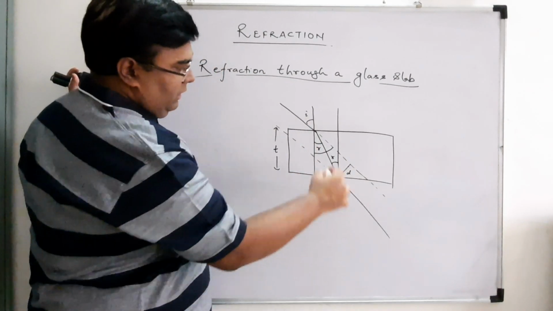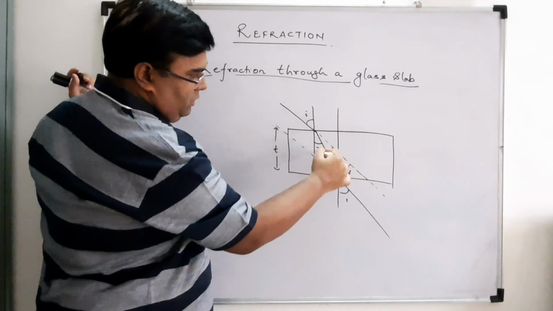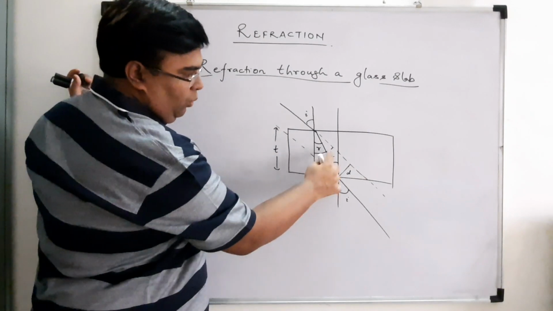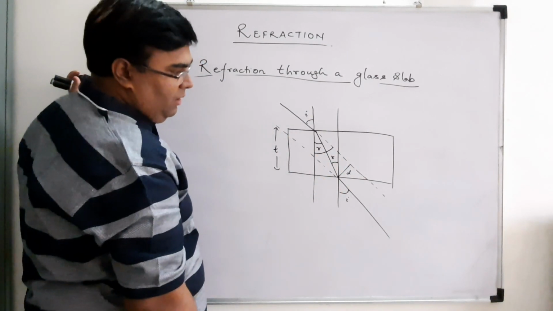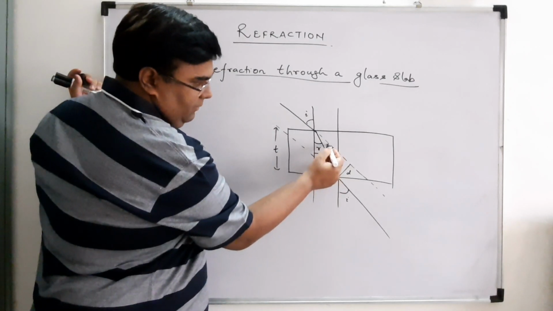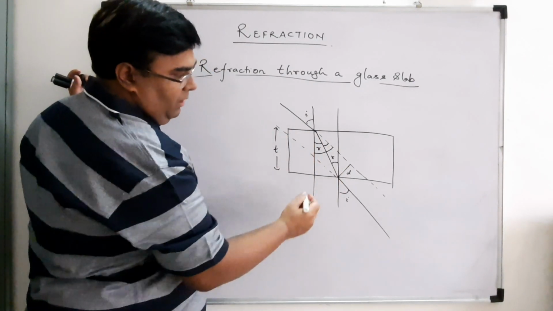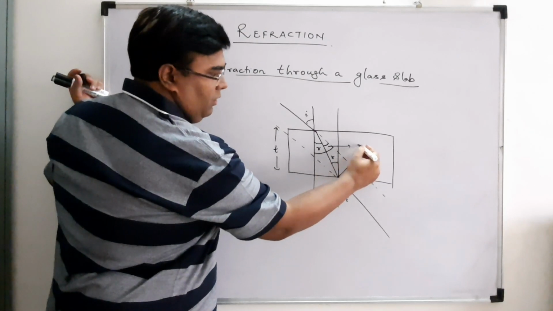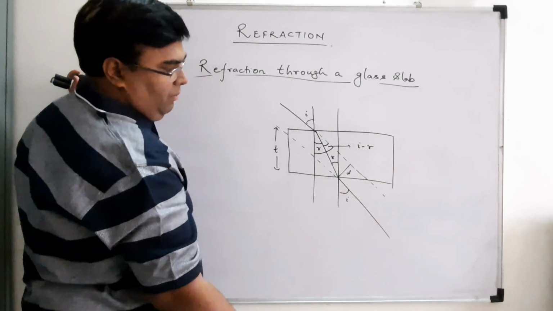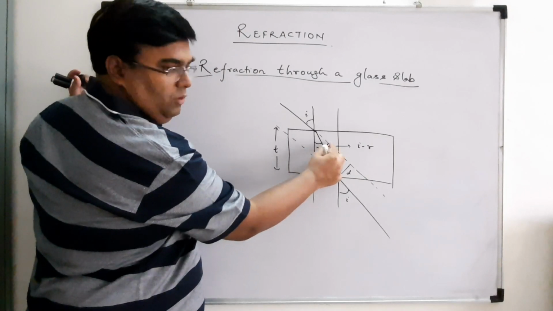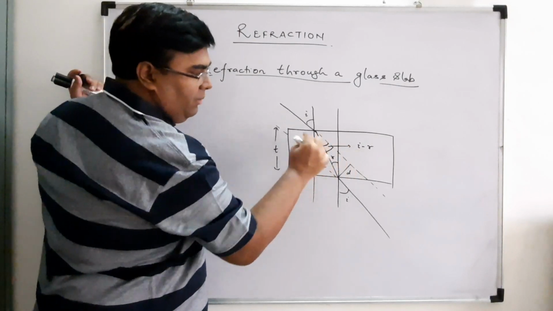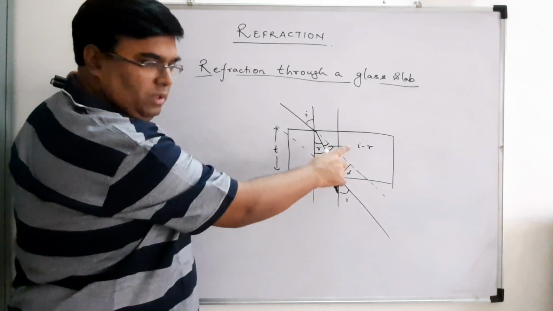These are vertically opposite angles, correct? So the whole angle is what? My I, vertically opposite angle. So this angle you can say is what? I minus R, because the total angle was I and this small angle was R. So what is left out here? I minus R. Understood this angle?